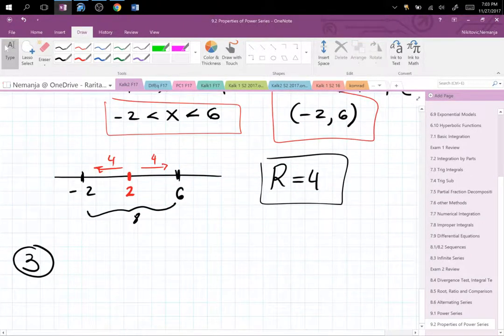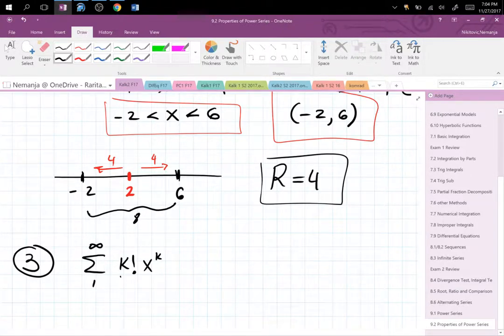Case 3, summation of k factorial x to the k, from 1 to infinity. Same business.